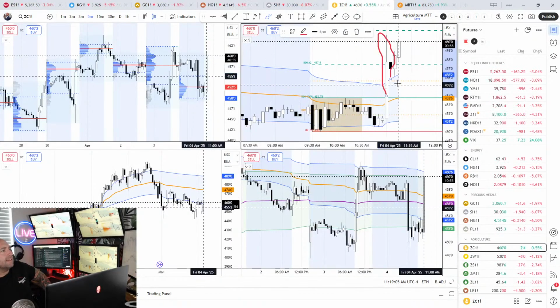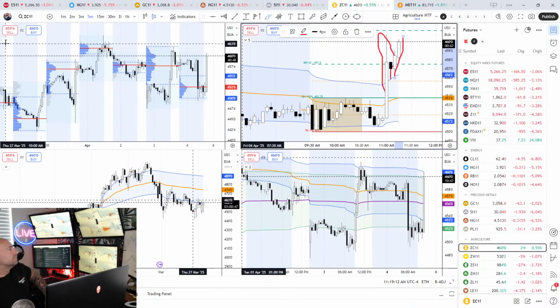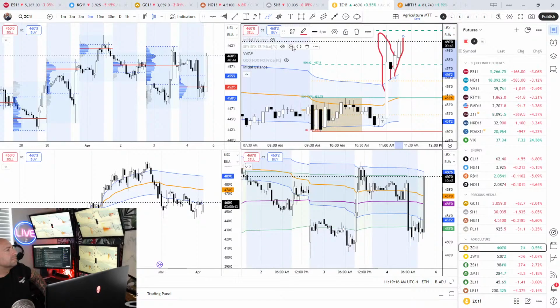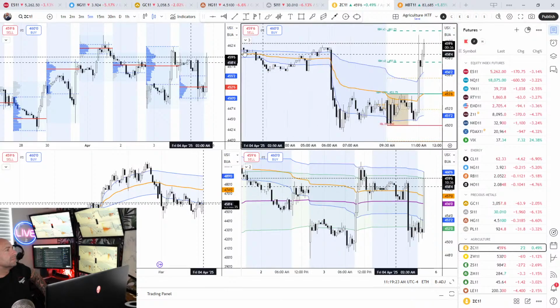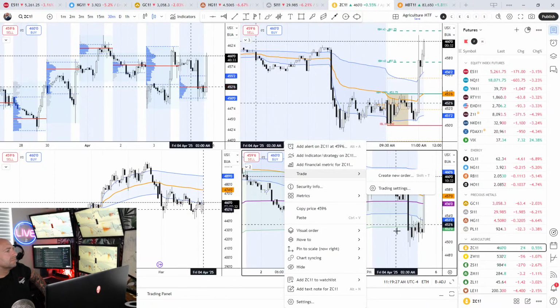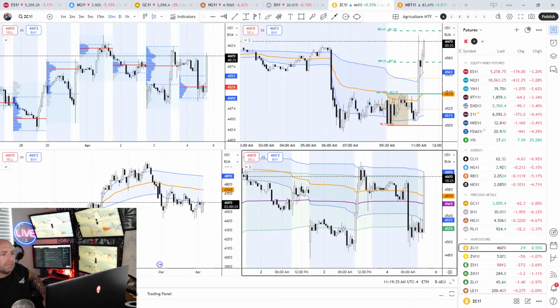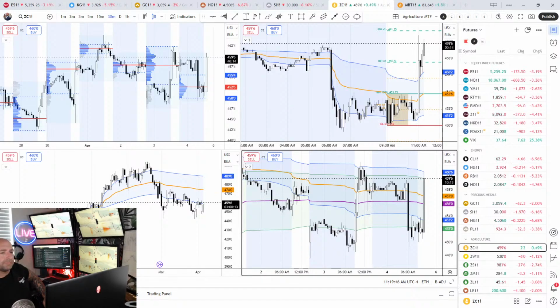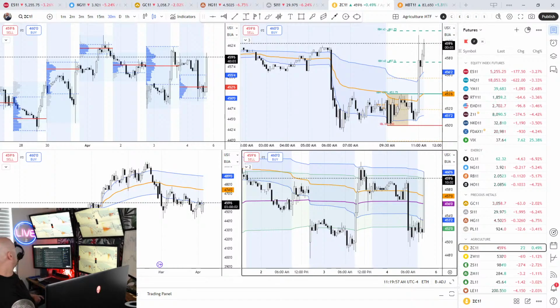We had the pullback to upper band to the tick and the return to highs. Good stuff. Gold never really took off.